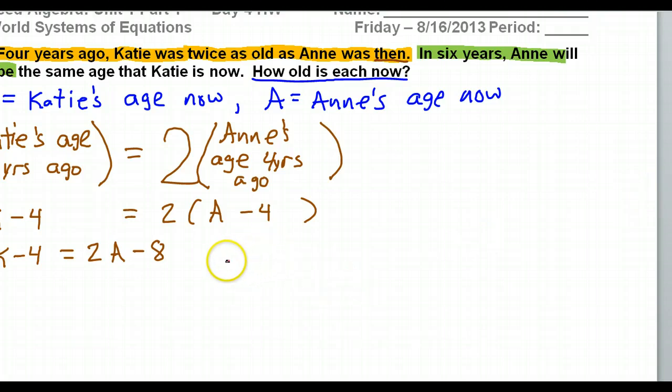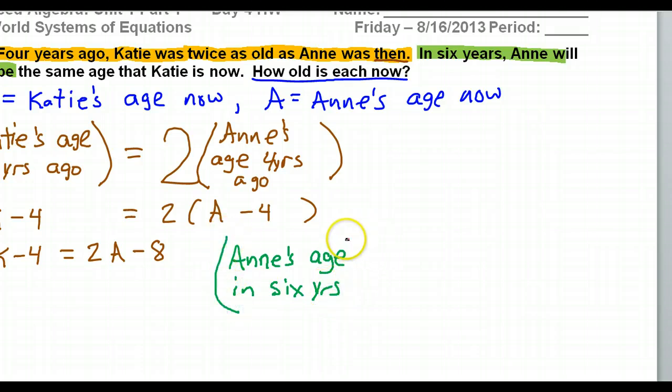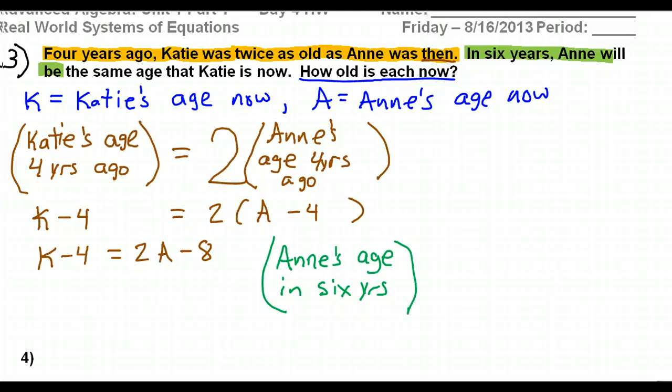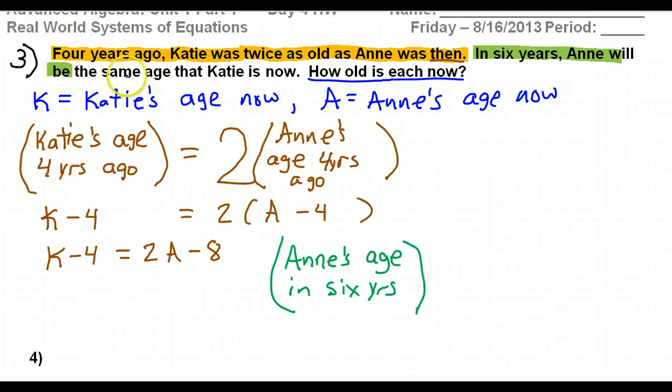We're talking about now Anne's age, because it says Anne will be, and it's Anne's age in 6 years. That's what this sentence is talking about at first. Now let's find out what happens. It will be the same age that Katie is now.